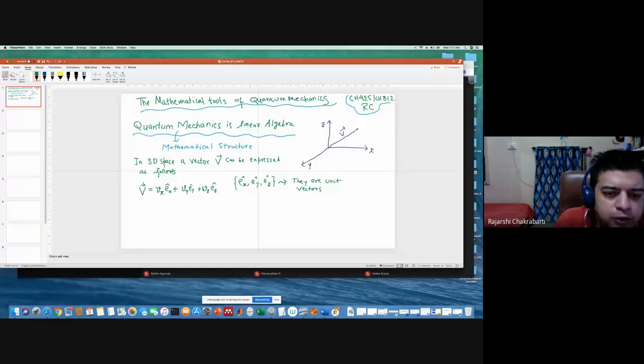Okay. So in other words, and these are the components. These are the Vx, Vy, and Vz. These are three components.